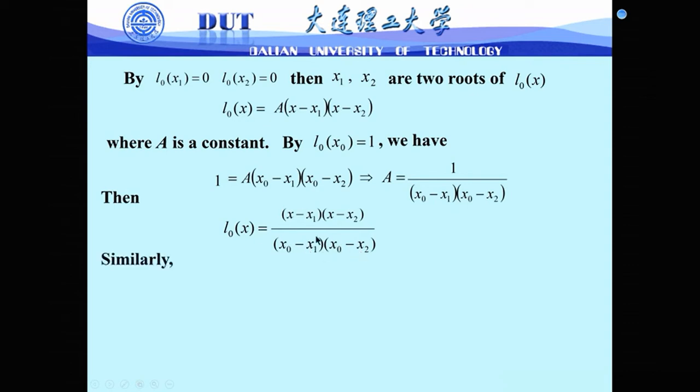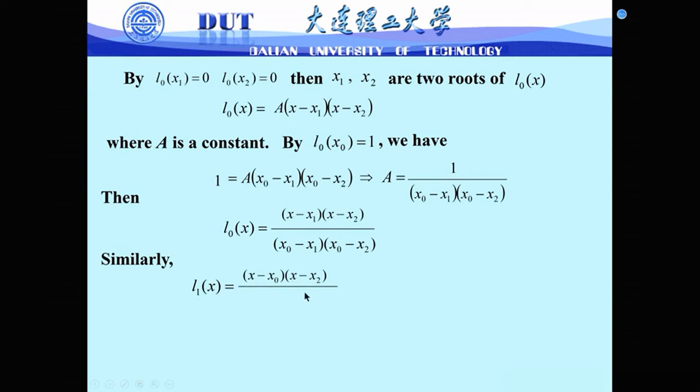Okay, so by this rule, you can guess L1(x). Firstly, it should be a ratio. And what is the numerator? Because here is 1, the other nodes should be x0 and x2. So the numerator is (x minus x0) multiplied by (x minus x2). Okay?